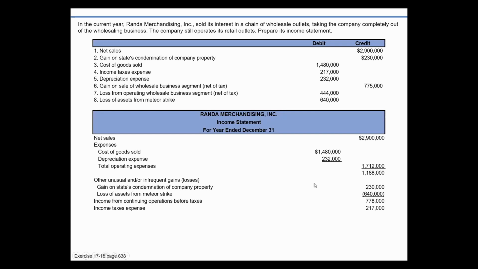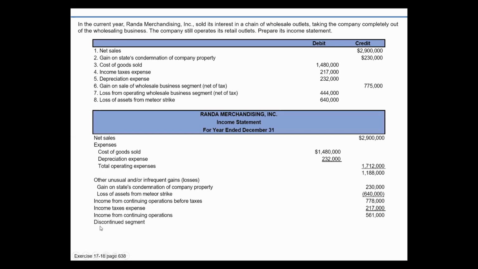We take that, we add the gain from the condemnation of property, we subtract the loss in the meteor strike, we come out with $778,000, and then we have income tax expense of $217,000.